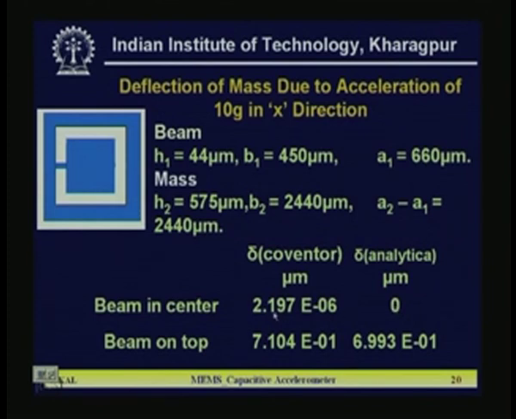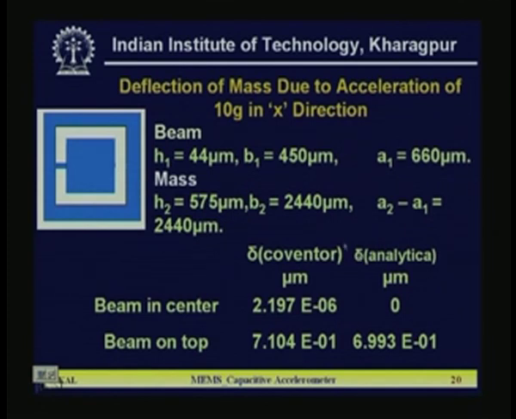That means here is a 10G in the x direction. Try to understand, this is not along the z direction. So in the x direction we don't want any delta. Delta is what? The displacement along the z direction. If we apply the acceleration along the x direction, that should be as minimum as possible.